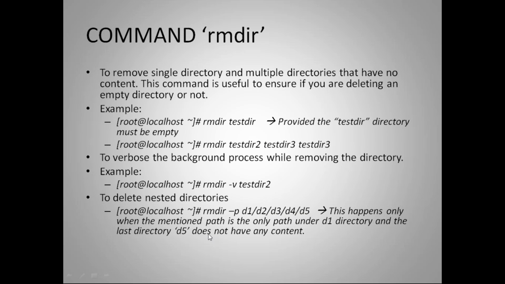If you run the command rmdir with the -p option and provide the path, it will check whether the last directory D5 has content or not. If it does not have content, it will remove D5. Since you provided -p, that means remove along with the parent directories, so D5 is removed along with its parent D4.